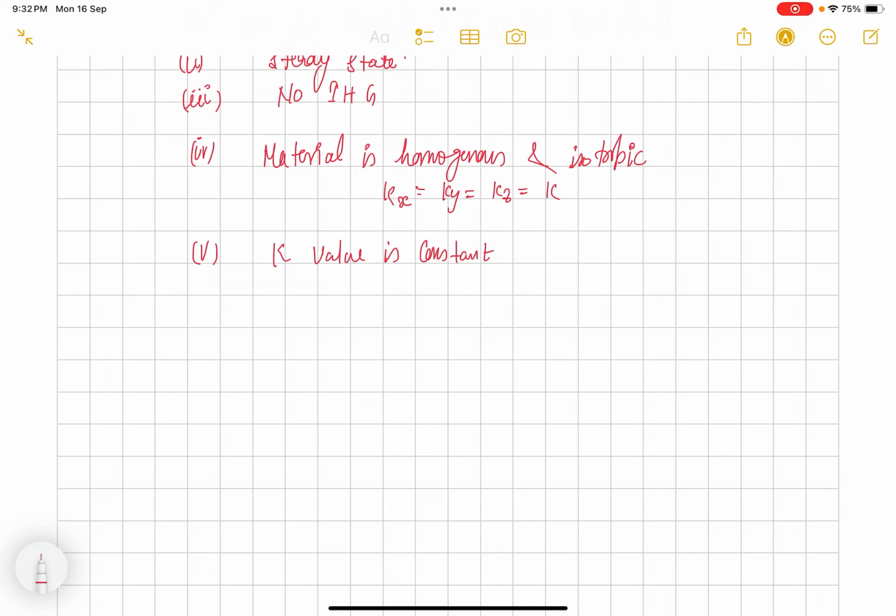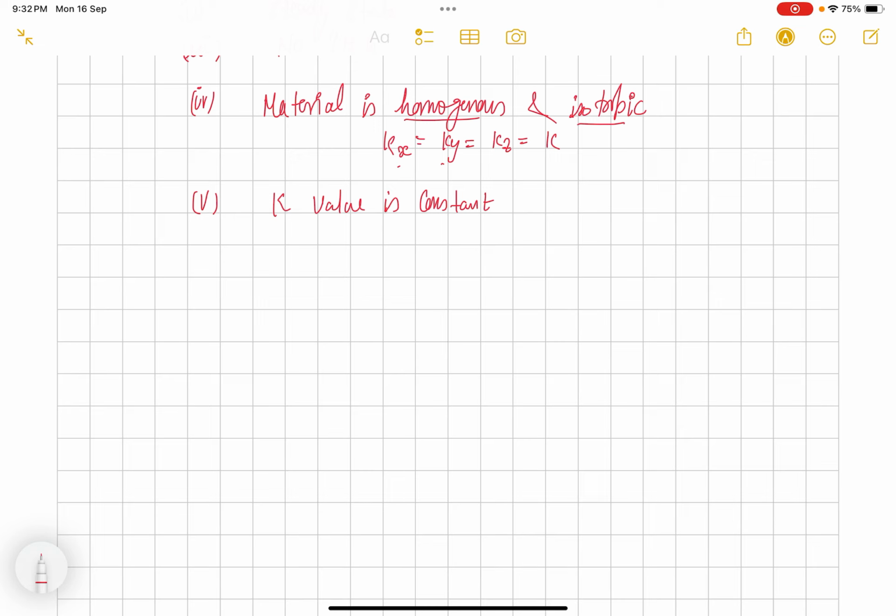Material is homogeneous and isotropic, it means K is not dependent on direction but can be dependent on temperature. But in the fifth assumption we are saying that K value is constant, and by saying that we mean that K is not a function of temperature. So this is the assumption.